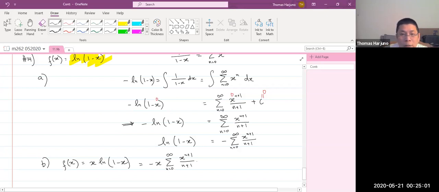Furthermore, this will be negative summation from 0 to infinity of x to the n plus 2 over n plus 1.